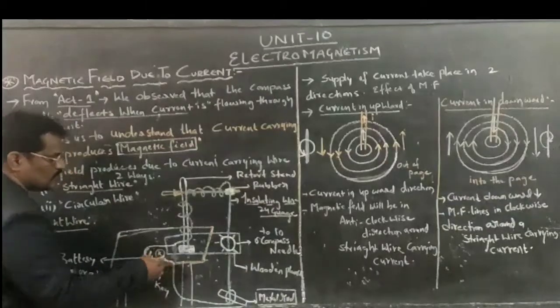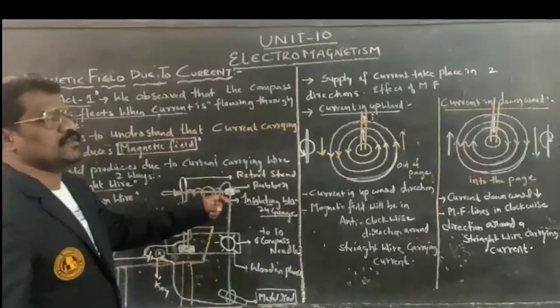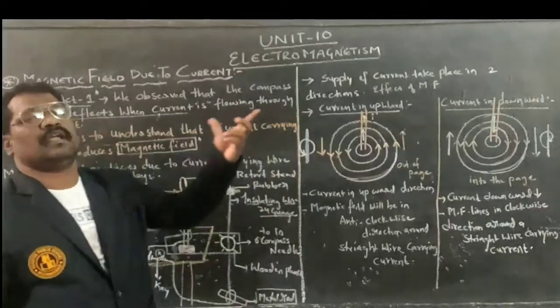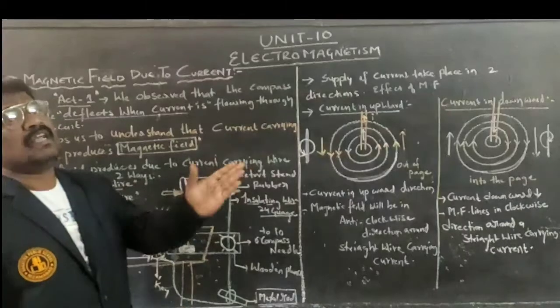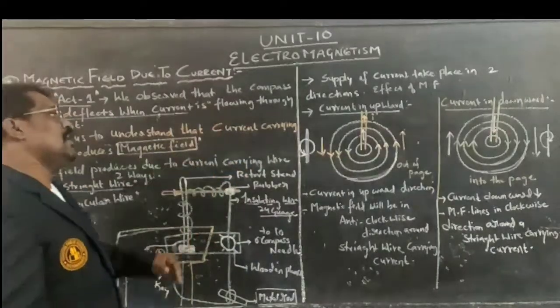Then switch on the current, switch on the key. As soon as I switch on the key, current flow will take place in two different ways, from high potential to low potential as well as in the reverse direction, low potential to high potential.